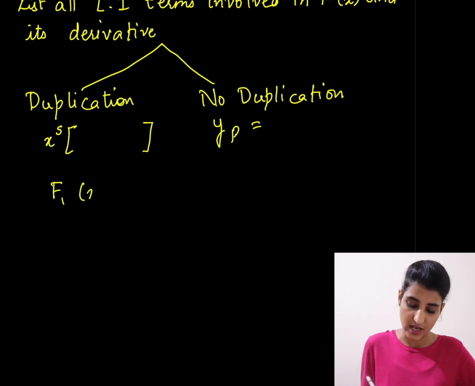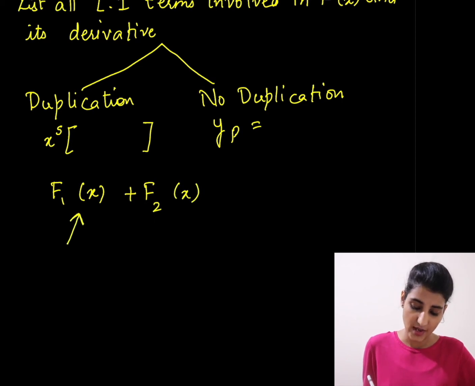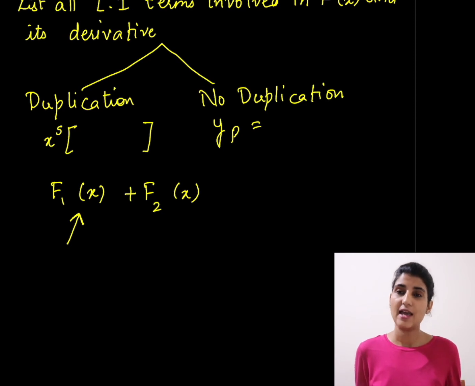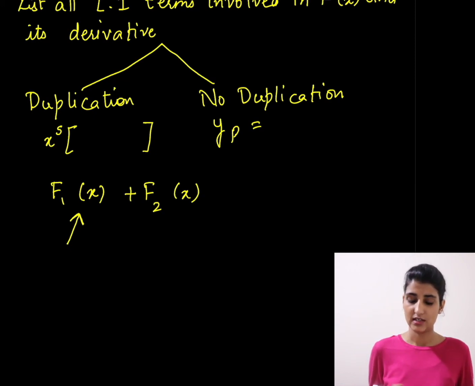So suppose there are two, f1(x) and f2(x), and you have a duplication for f1, so you will multiply x power s only to the terms which are coming from f1(x), and then you will write your yp.